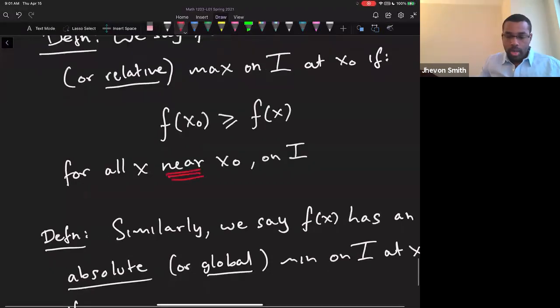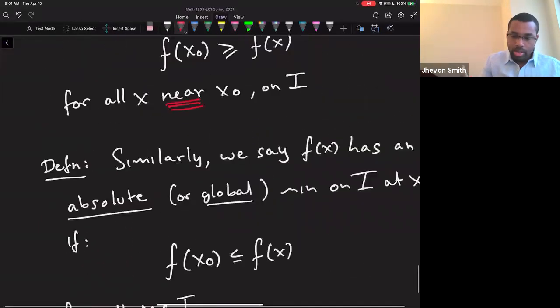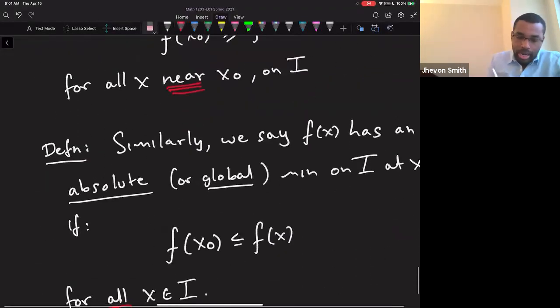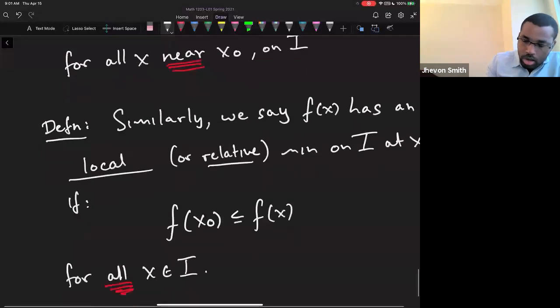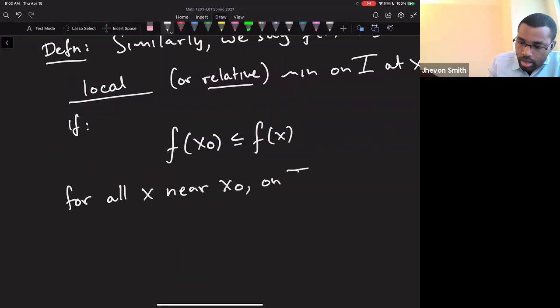So near is a very strange phrase. I should define that pretty soon. But similarly, we say it has a local or relative minimum if this is true for all x near x naught on I. Near.